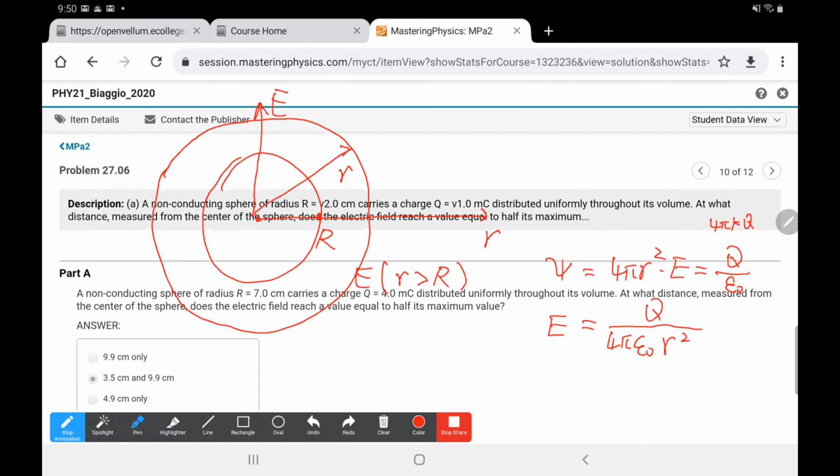I just solved E. Solve the electric field, then you will find the electric field has a relation of 1 over r squared. It's proportional to 1 over r squared.